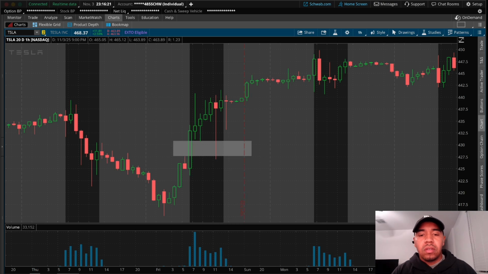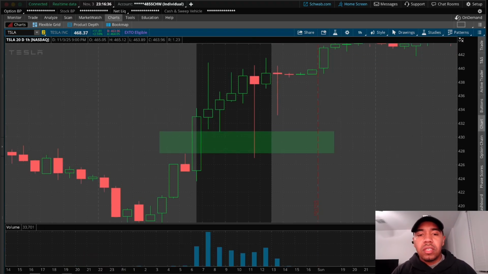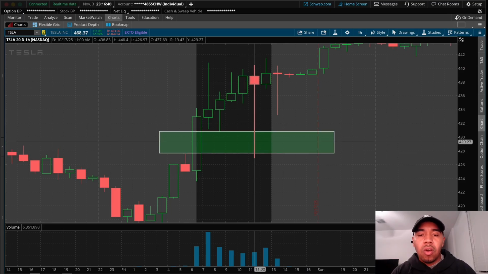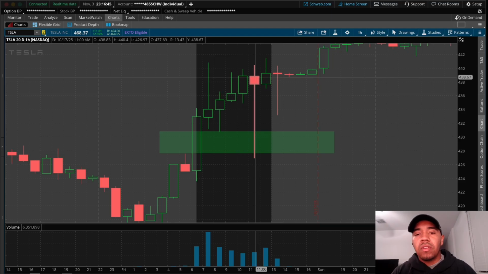We bounced off that area and we continued momentum to the upside. Our fair value gap showed us that there was an imbalance in the market. There were orders that still did not get filled. As soon as we came into this area, orders got filled and we continued to move upwards.